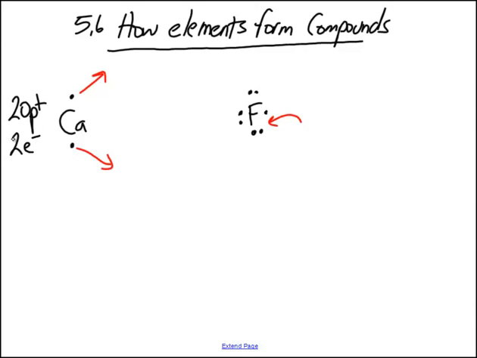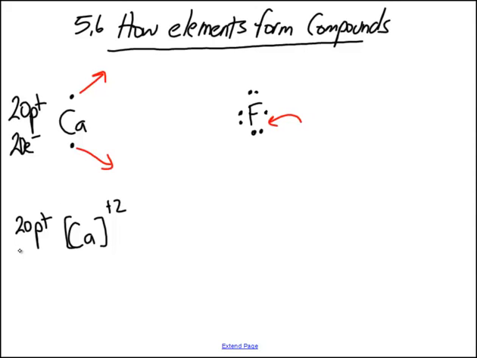So these are called ions when they do that, because calcium, which has 20 protons, has 20 electrons in its neutral atomic state, and when it becomes an ion like this, calcium has a +2 because it gives away electrons. In other words, it still has its 20 protons. It must, because it's calcium. If it doesn't, it's something else. So it still has its 20 protons, but its 20 electrons are now minus 2.